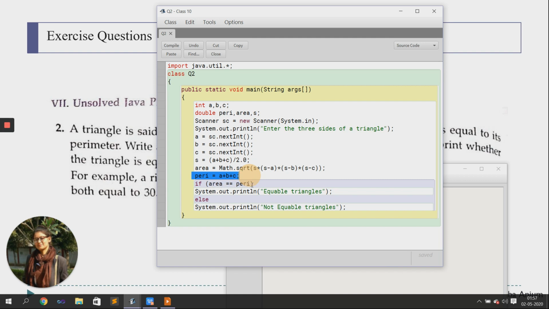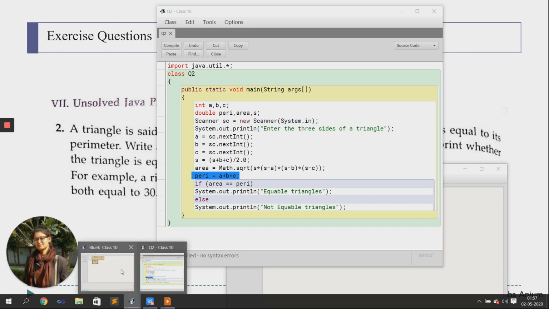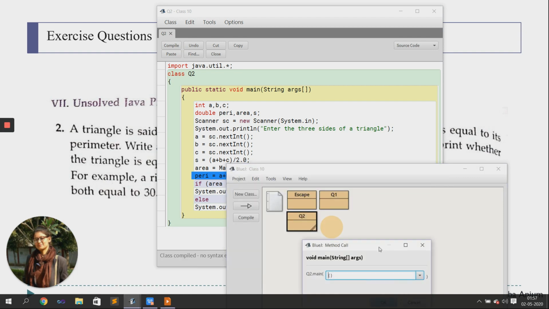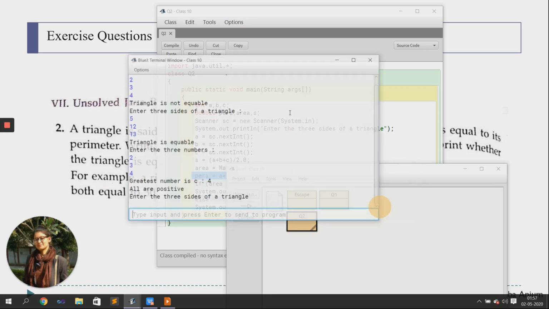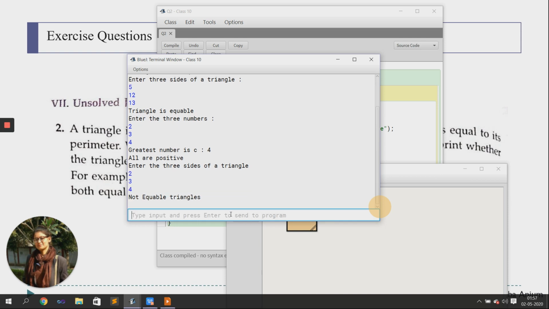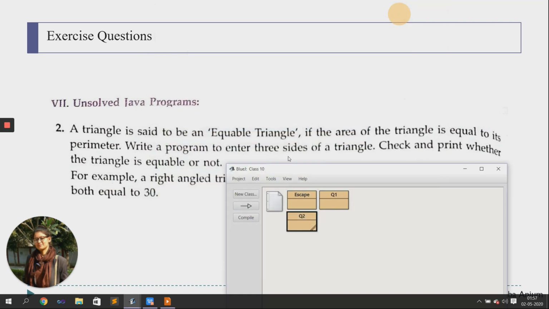And if this condition is true, then the triangle is equable. Otherwise, not equable. Now let us try to execute our program.